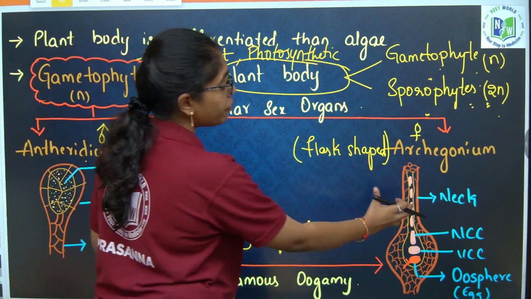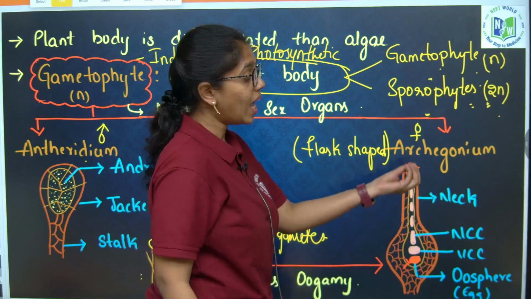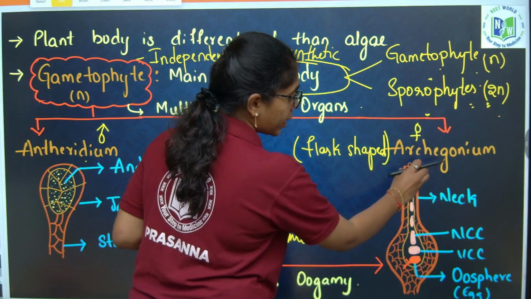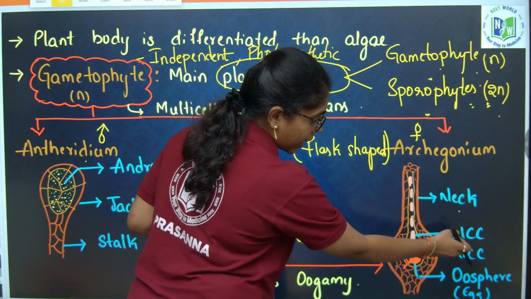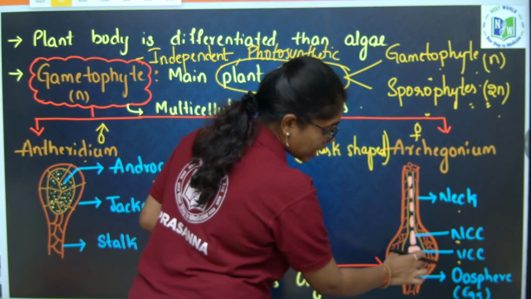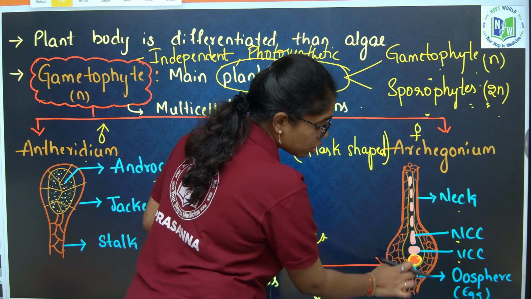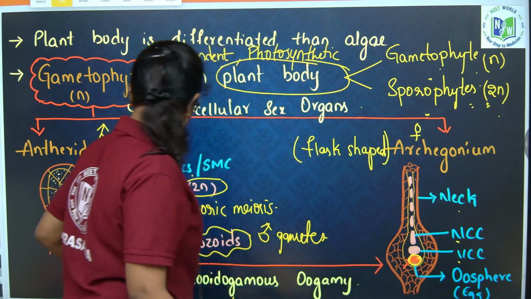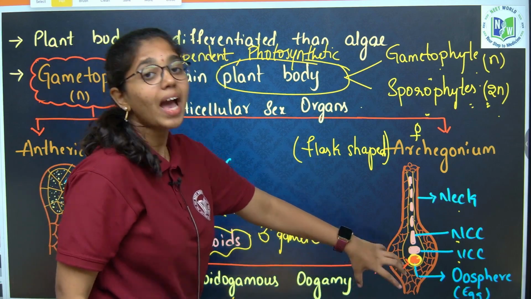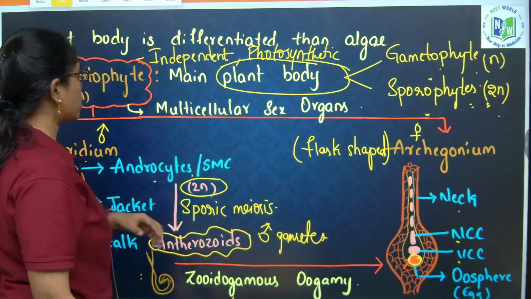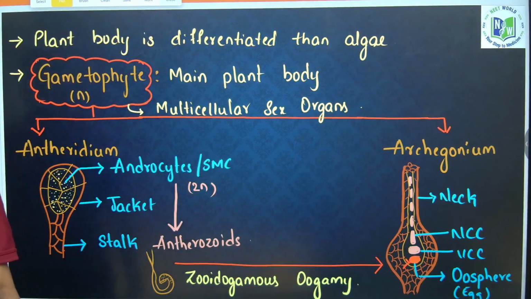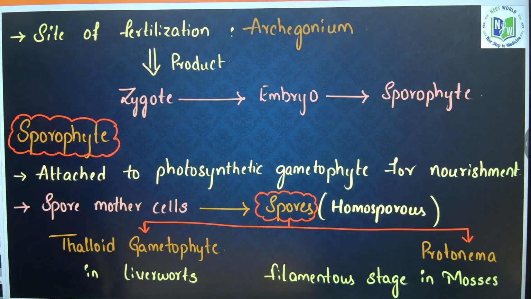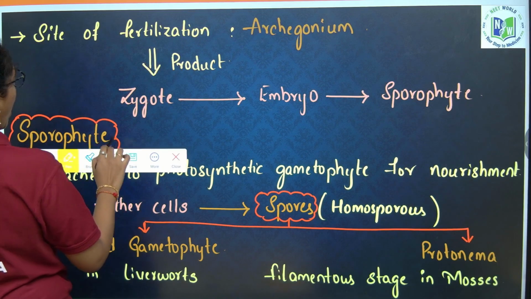If you look into the female gametophytic structure, that is archegonium, it has neck canal cells, venter canal cells, and at the bottom the oospore. Oospore is also called the egg. So the antherozoid reaches the oospore or egg and fertilizes it. Clear, beta? The site of fertilization in bryophytes is always archegonium.